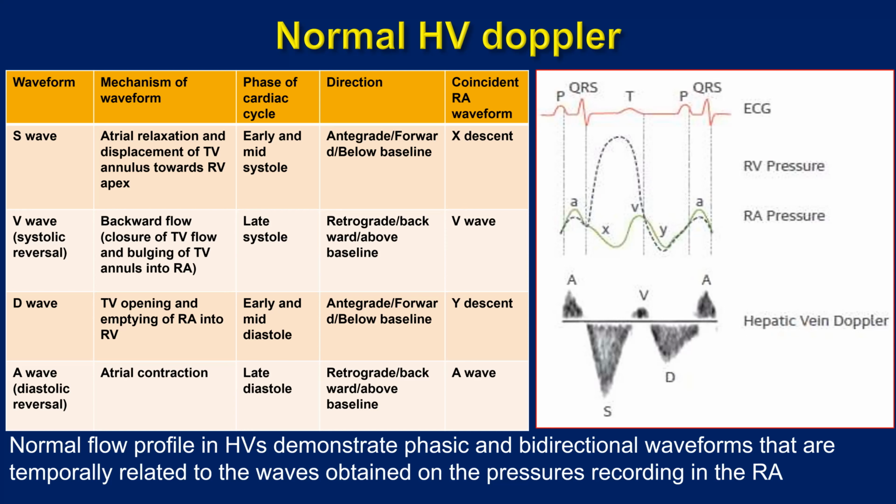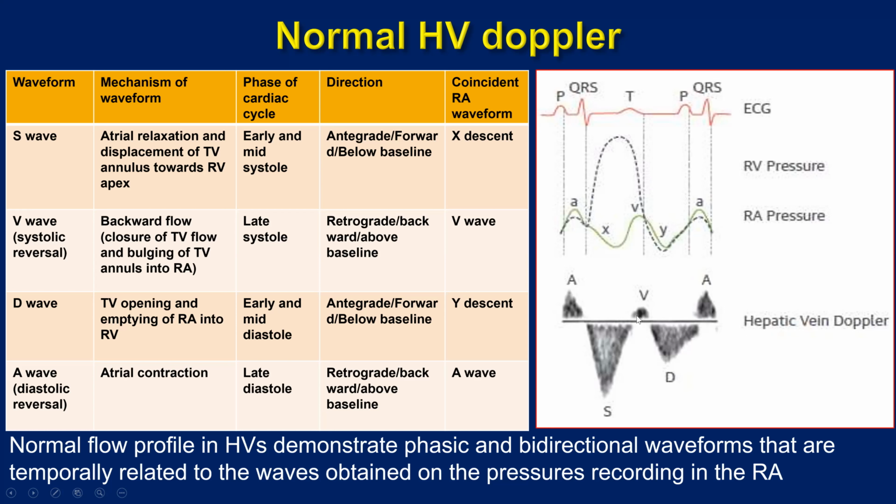Then the V wave is backward flow or reversal due to the closure of the tricuspid valve and bulging of the tricuspid valve annulus into the RA. This will cause backward pressure and backward flow into the right atrium, and this is the reversal.